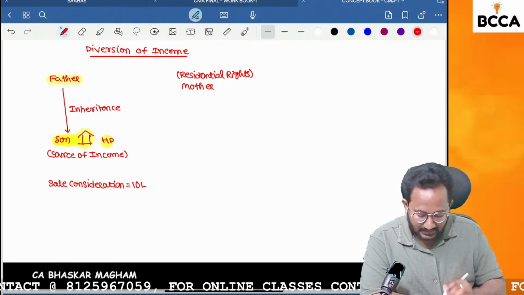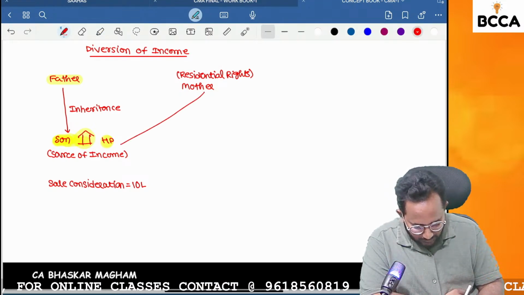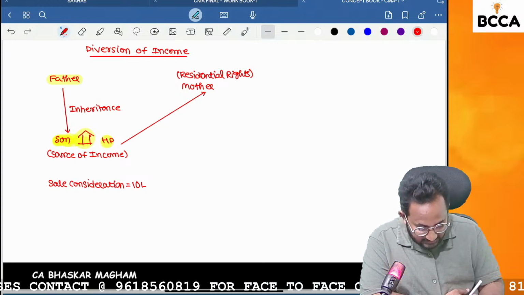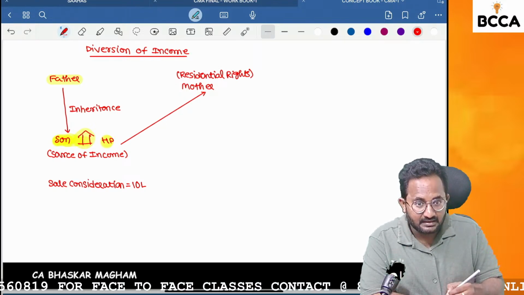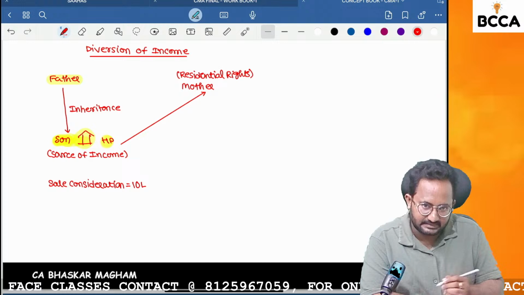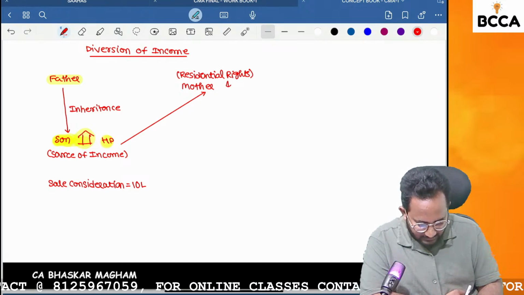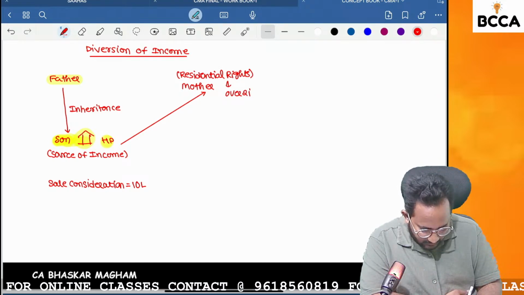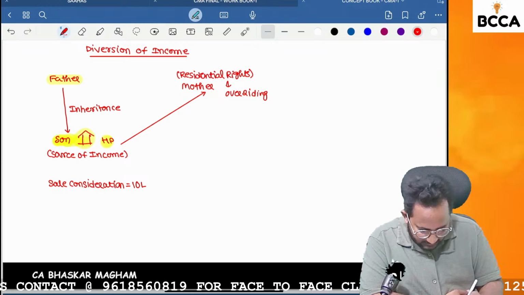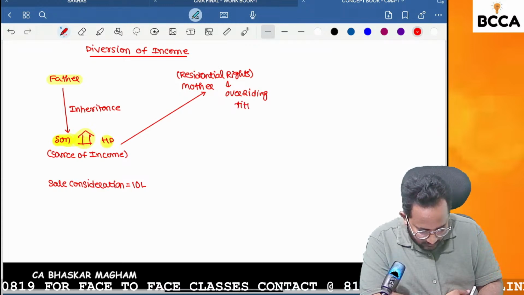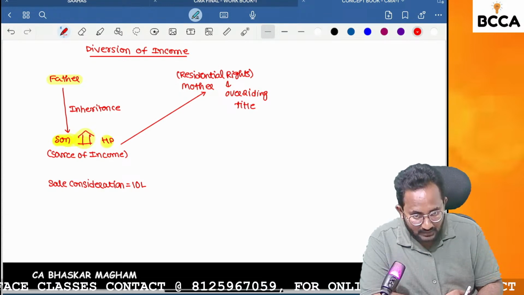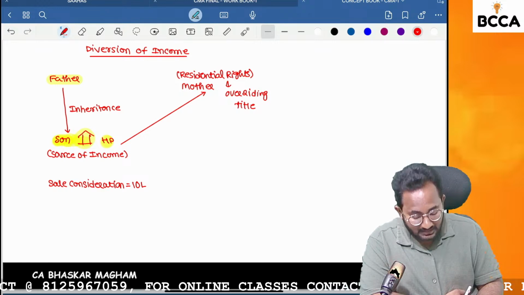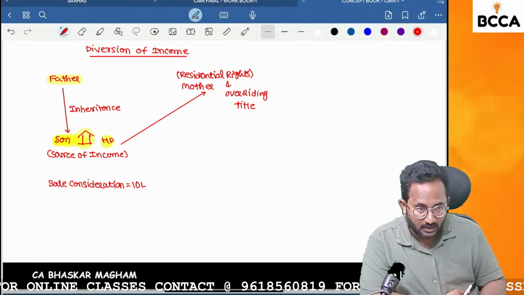Out of this 10 lakh, he needs to give some amount to the mother, because the mother is living with her residential rights. This is what I can call an overriding title. Because your mother has the overriding title, with her consent only you are selling the house property.